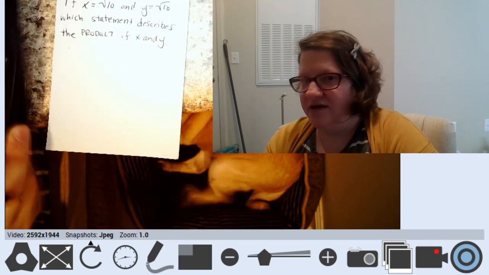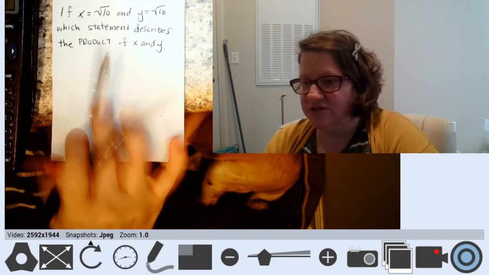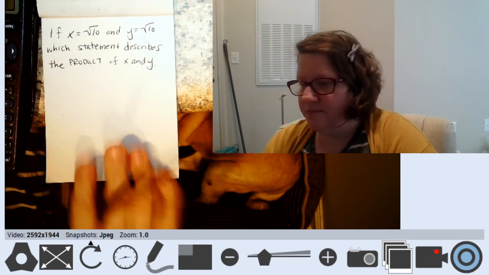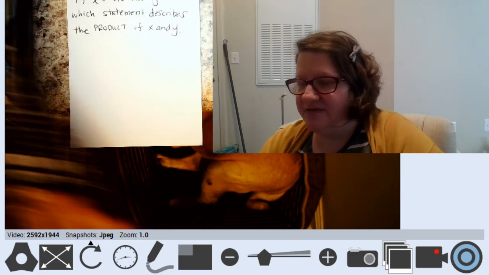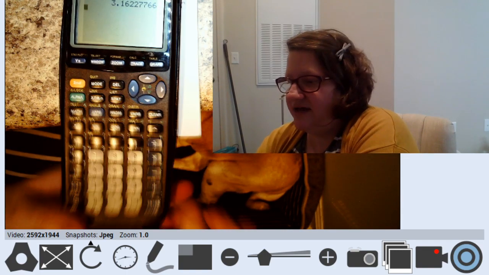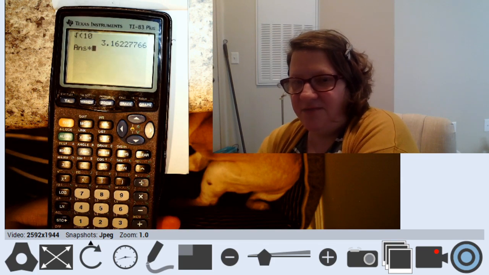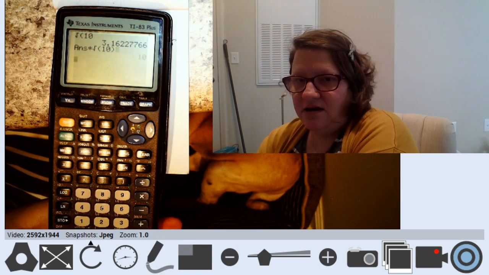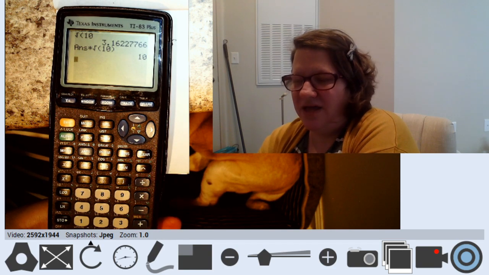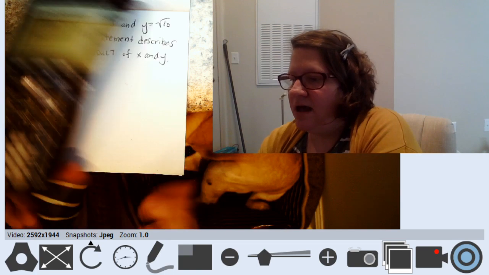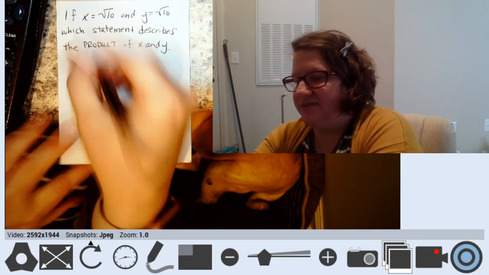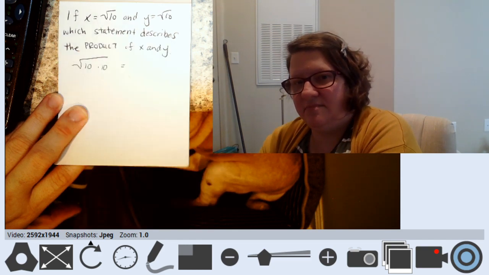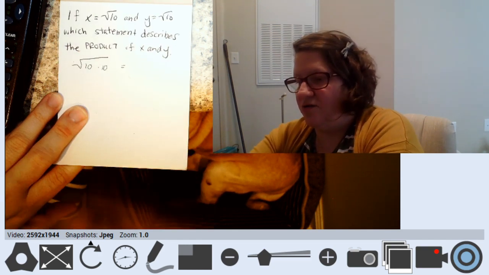So what we have here is this: we're multiplying an irrational number and an irrational number. Now, if we multiply the square root of 10 times the square root of 10, we get 10, in part because if we did this by hand, we would get 10 times 10, all under the radical.